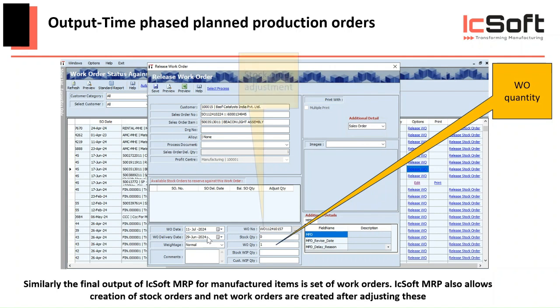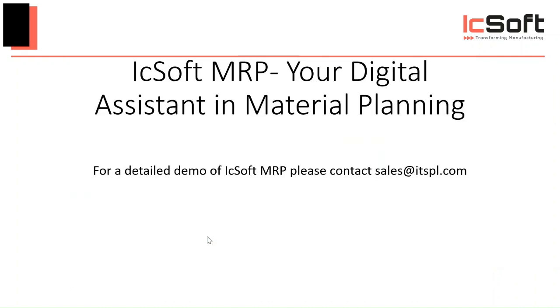So we have work order here, and then the sales or stock orders get adjusted in this window, and then we have the final requirement. As you can see, following all the principles of a material requirement planning system, IcSoft MRP generates the requirements for manufactured items as well as the purchased items, following the JIT principles in terms of either buying or producing what is required when it is required.